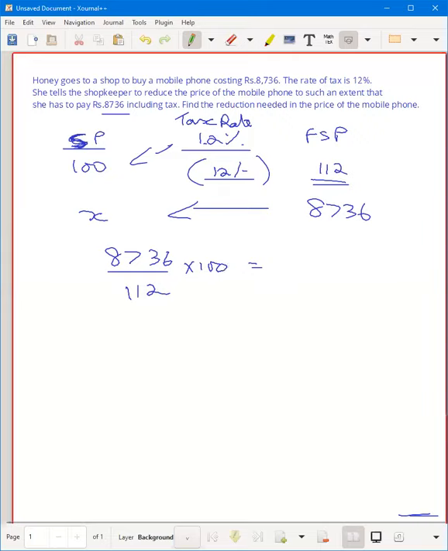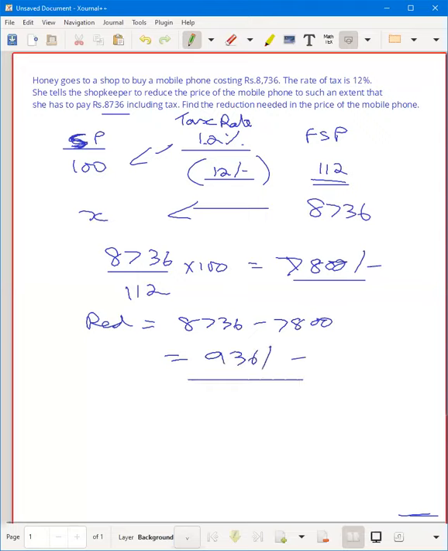What was it? 7,800, right? And the reduction again would be 8736 minus 7800, which is equal to 936. So this is another method that you can adopt.